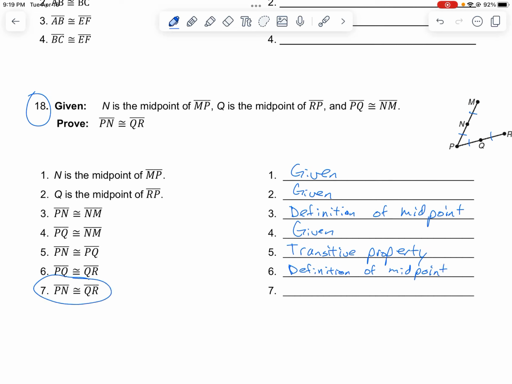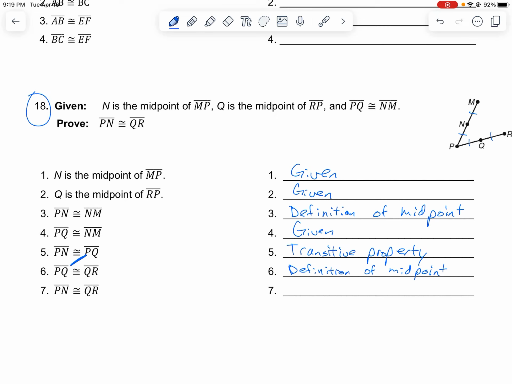And then we got our last line here, PN congruent to QR. So it's QR, we got PN. Well, that's going to come into play very similar to this one up here. We already know that PQ is congruent to QR, and we know PN is congruent to PQ. And so we got this little connection here.